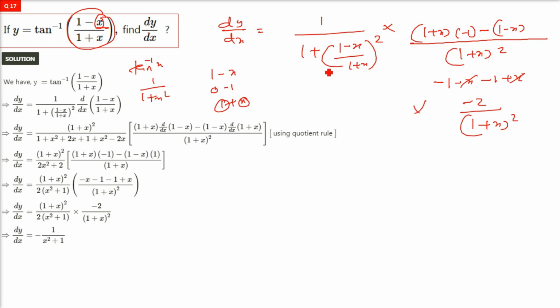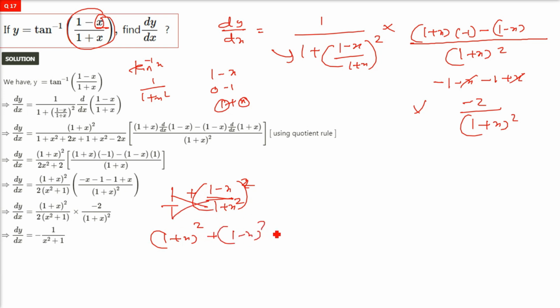Now I'm first solving the denominator. So 1 plus (1 minus x by 1 plus x) whole square. Whole square means numerator and denominator both are squared: (1 plus x) whole square plus (1 minus x) whole square, divided by (1 plus x) whole square.